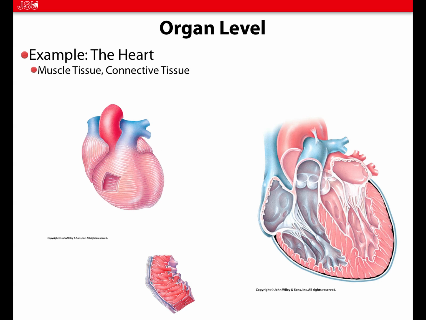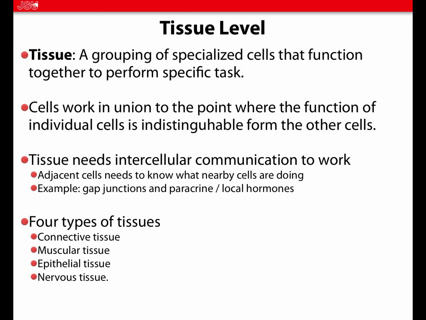So what's the point here? The heart is an organ, but what do we see inside of it? We see tissue. We see muscle tissue. We see connective tissue. We see nervous tissue. The point is this, that organs are collections of different specialized tissue. Any organ you look at, you're going to see multiple types of tissue. What are those types of tissue? It goes back to this slide right here.